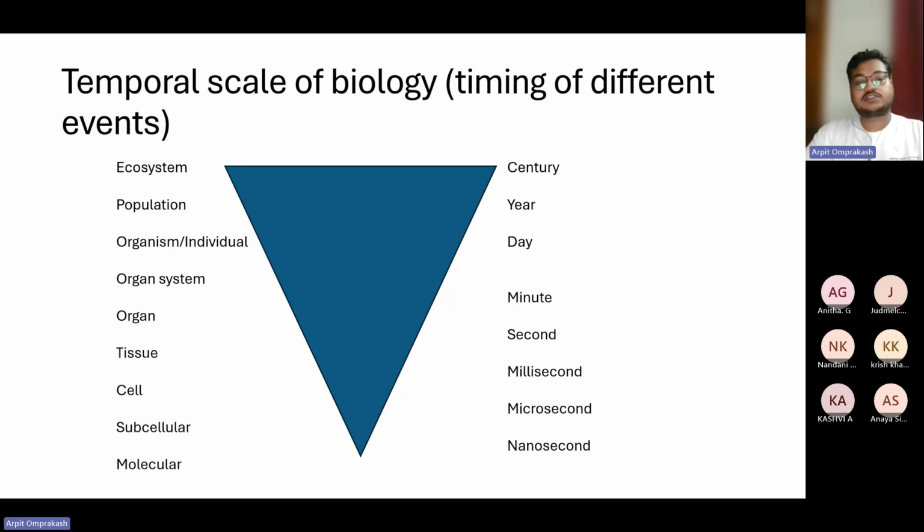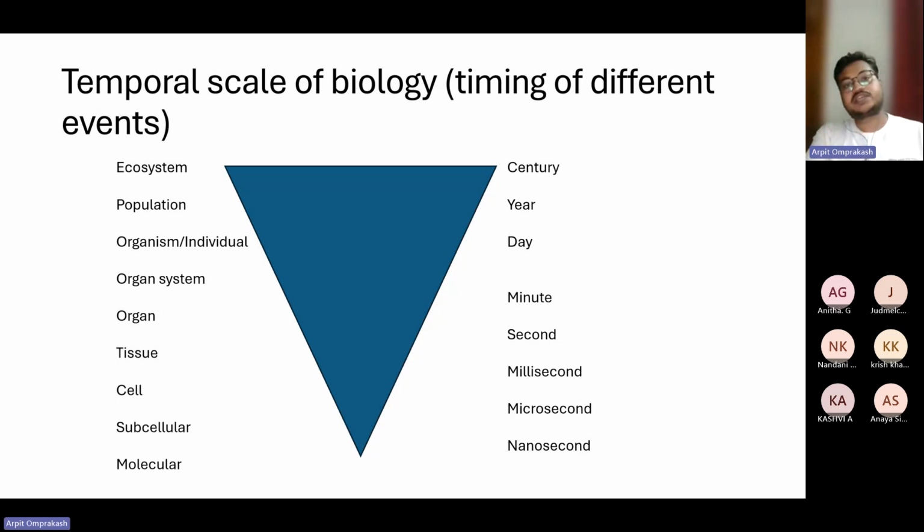Then we have changes at the level of tissues and cells, which are processes that might take around seconds or milliseconds. Then we have subcellular and molecular level things, for example steps of DNA replication, which might happen in microseconds or nanoseconds.